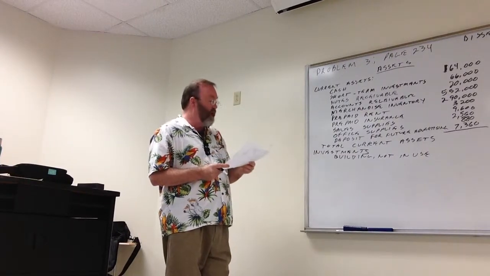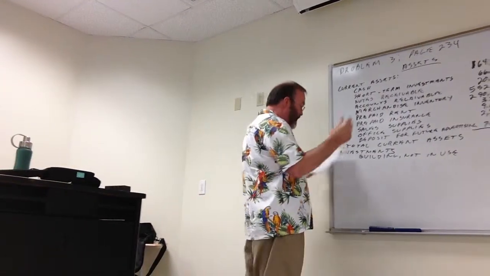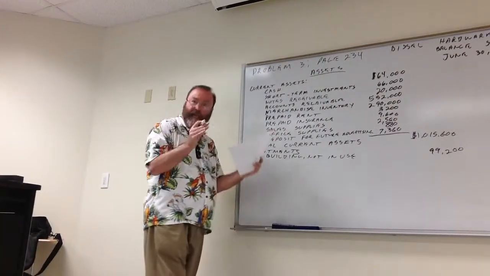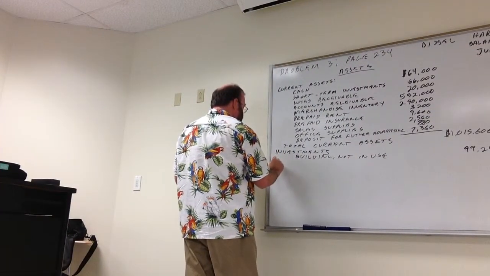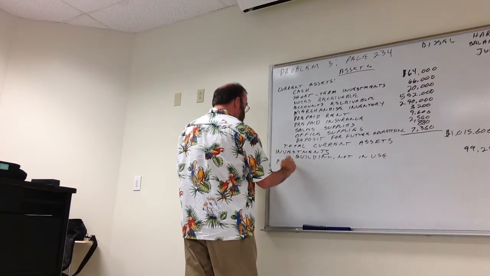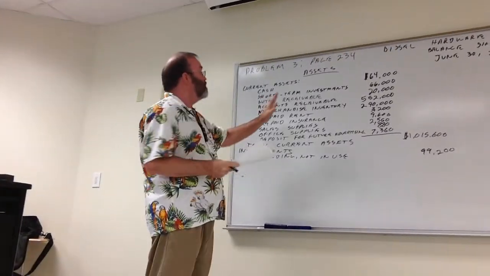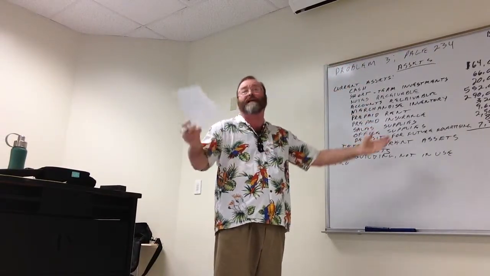All right, then we have property, plant, and equipment. These are all of the tangible fixed assets that we are currently using in our operations. So I got a question. Yes, sir. Why do you want the 99,000? Because these totals for these sections will eventually be added together to come up with total assets.